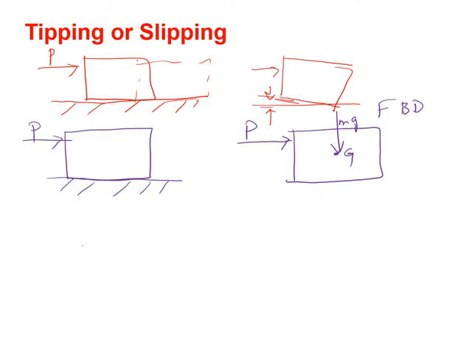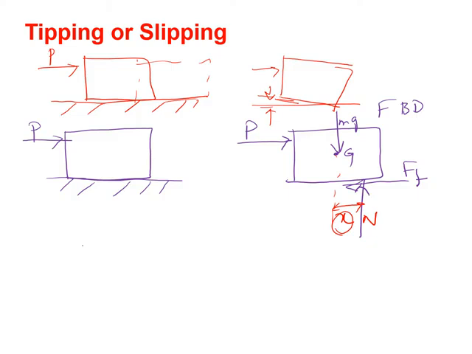On the lower surface there is some friction force. Let us say that F subscript f is the friction force that occurs on this surface. Also there is the normal force. While solving the tipping or slipping condition, we assume that this normal force N acts at a distance x from the center of gravity, or in other words, this is the pseudo distance at which the normal force is acting.